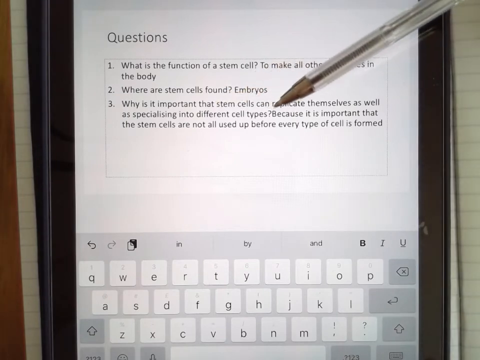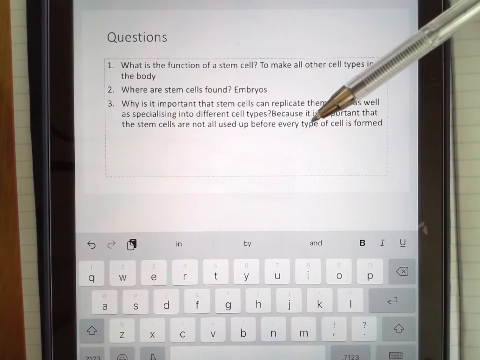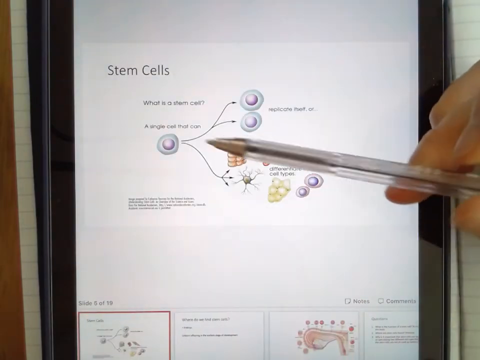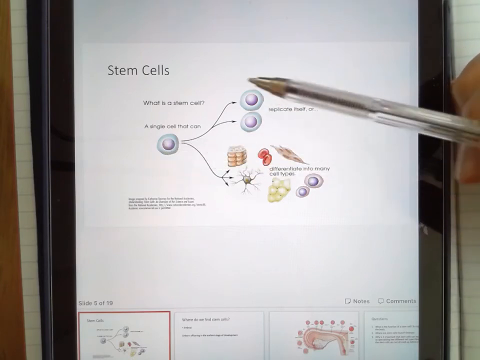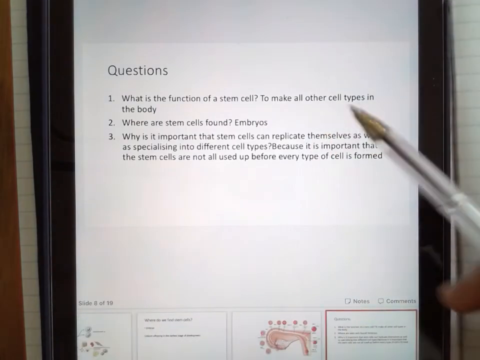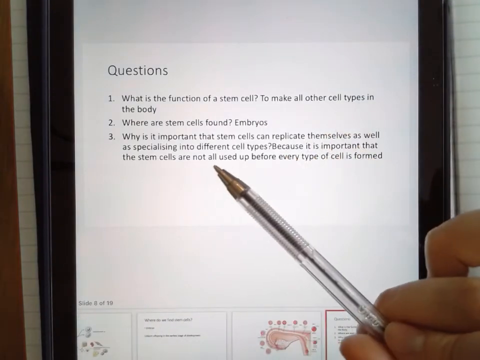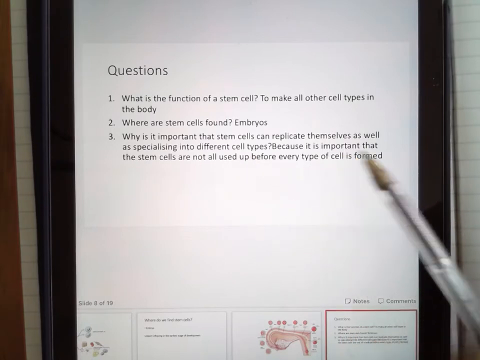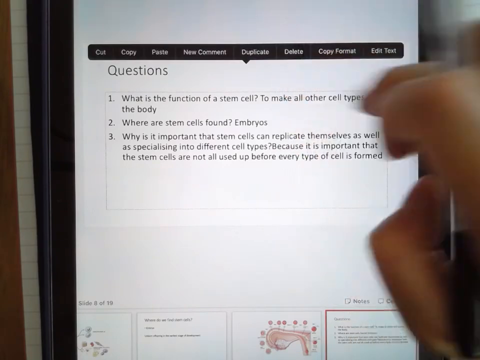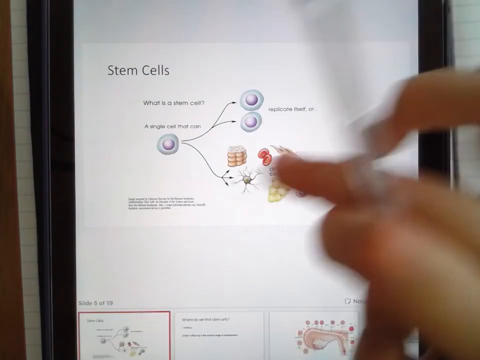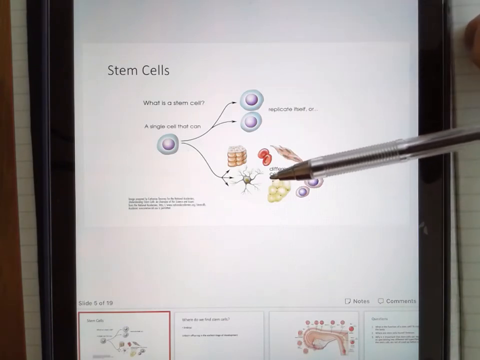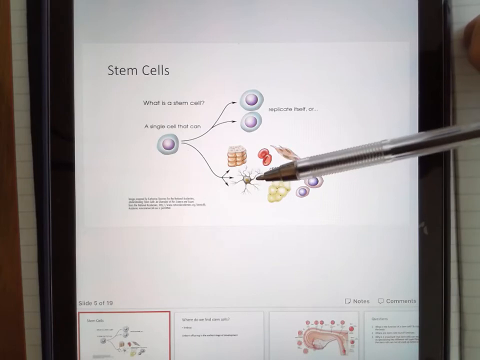Why is it important that stem cells can replicate themselves as well as specializing into different cell types? So this relates back to this diagram here, where I said that stem cells can replicate and make more of themselves, or they can become different cell types. And I've written, it is important that the stem cells are not all used up before every type of cell is formed. So say you are back in the first few months after the sperm has met the egg, and you've got your group of stem cells, and they all decide, right, we're all going to specialize and become nerve cells.